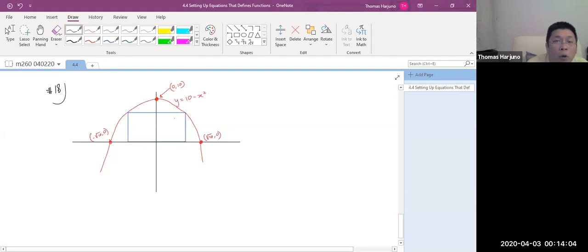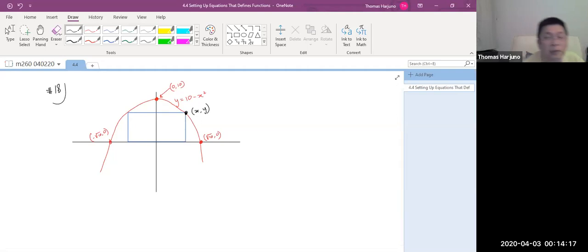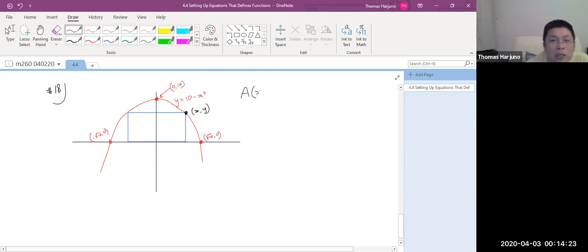So I will call this vertex here coordinate x comma y. Now express the area of the rectangle as a function of x. So we are interested in finding the area of the rectangle, not triangle, sorry, as a function of x.